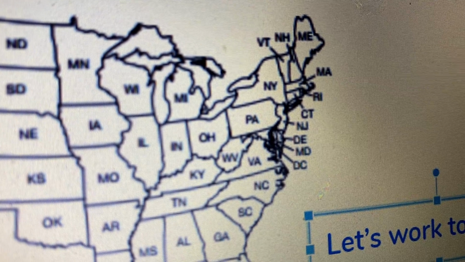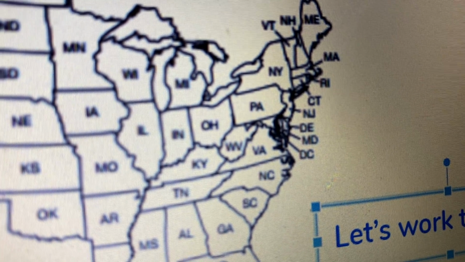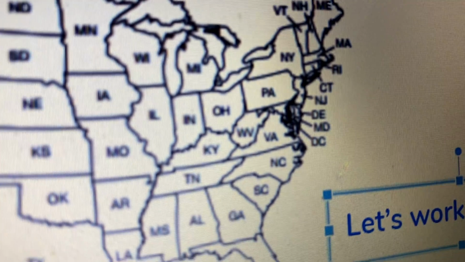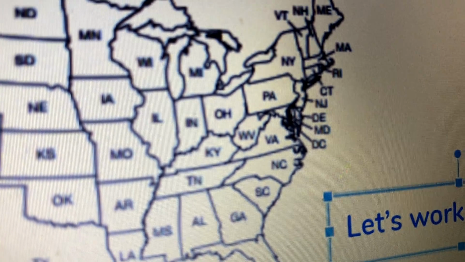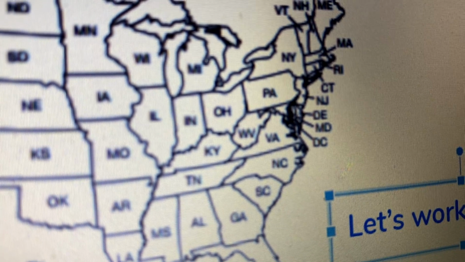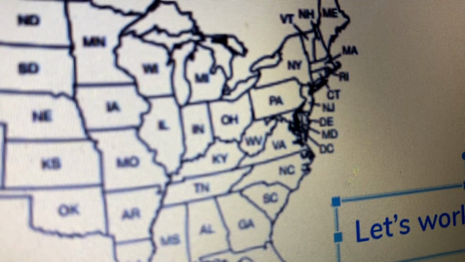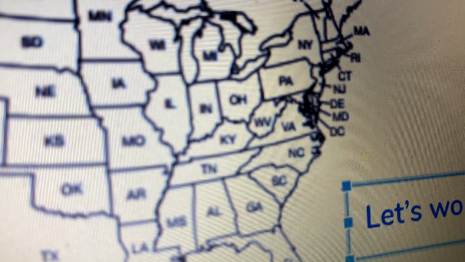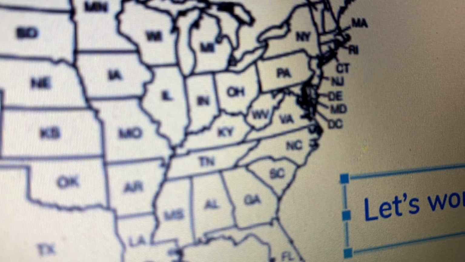Now, if we look at our wonderful state, the Keystone State, Pennsylvania, we will see that there are many states that touch it on its border, right? So let's list some of them. Let's start with OH. OH is Ohio. That borders Pennsylvania.